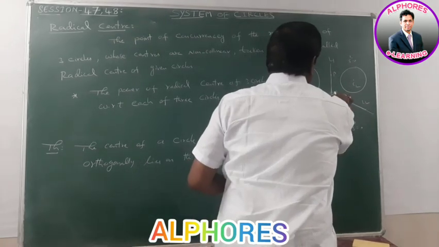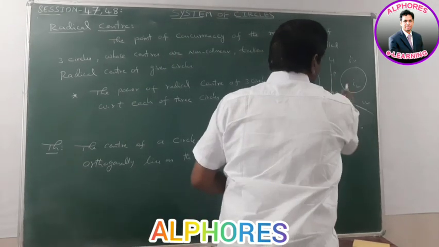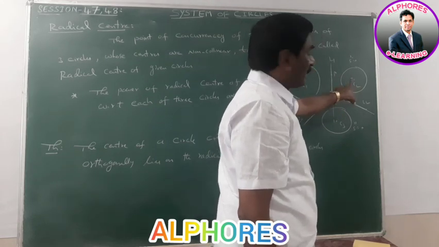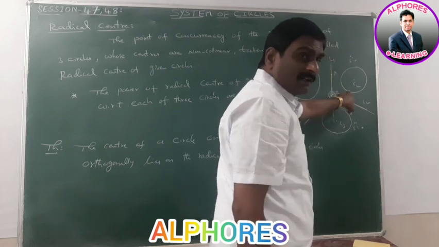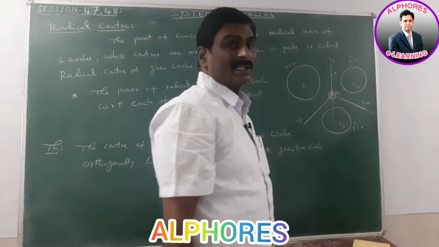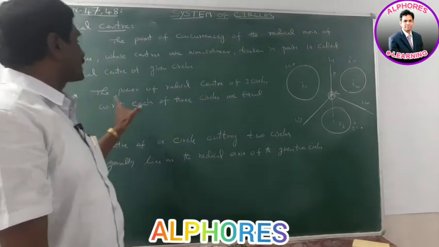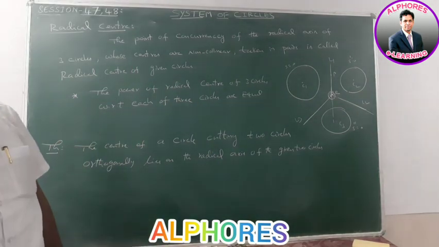It is the common point for all the three circles. Suppose P is this point, so P is equal to R. The power of the point with respect to this circle is S11. These two are equal. With respect to these, S'11, S''11, these two are equal. That means the power of the radical center of three circles with respect to each of the three circles is equal. Very, very important point.